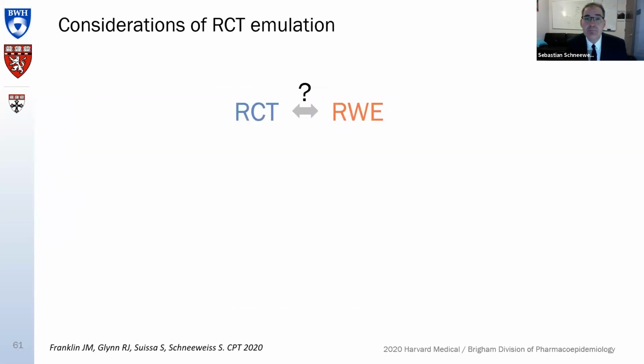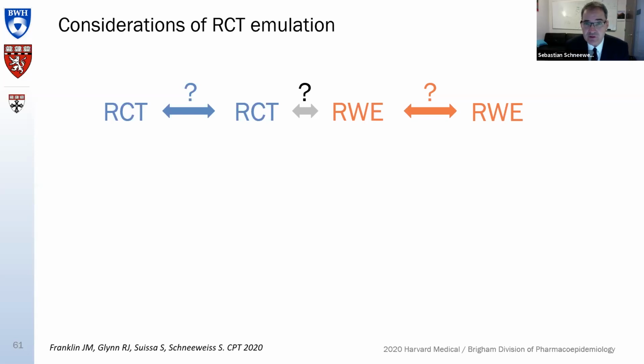So if we study to what extent real-world evidence studies can emulate RCTs, we need to consider that there's quite some variation between real-world evidence studies, and you will see this later in my presentation, the estimates between different data sources, for example. But you also need to recognize there's variability amongst RCTs.